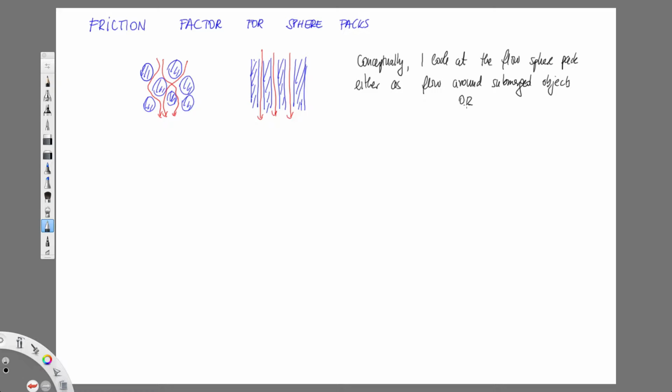And this average tube, I have to figure out what it is for this particular porous medium. Flow through some tubes of some possibly complex cross-section. So those are two concepts that we're actually using to upscale flow through sphere packs, because ultimately I don't know all of the details of the geometry. Okay.